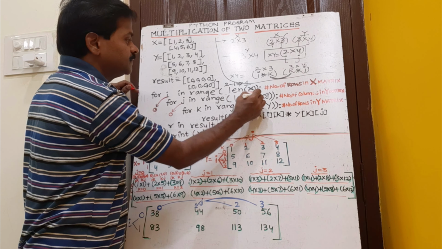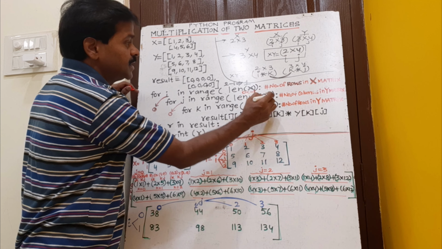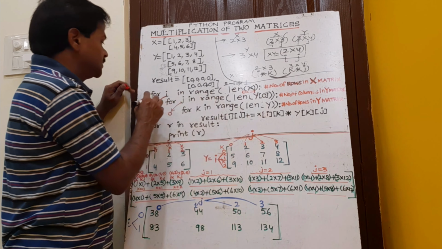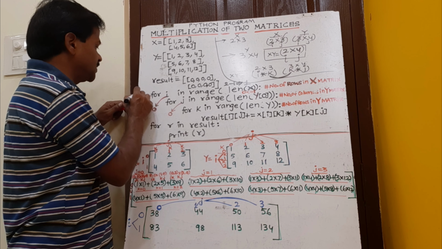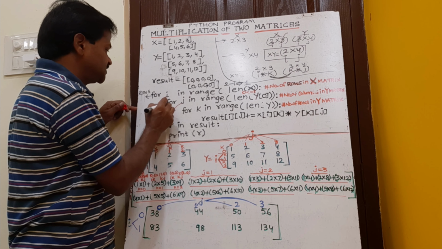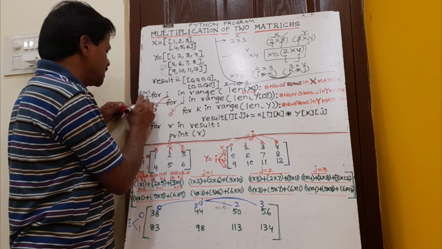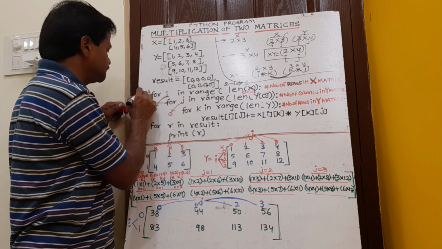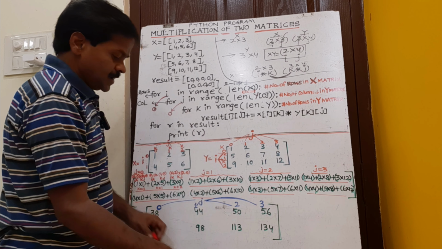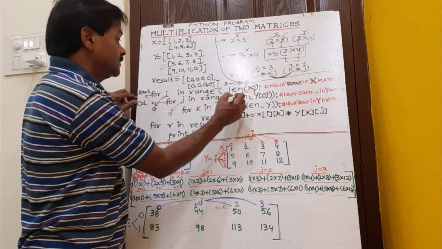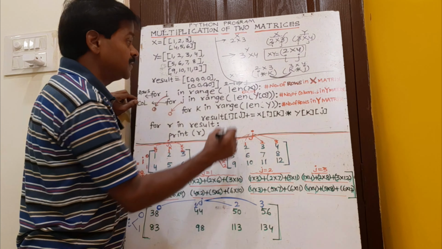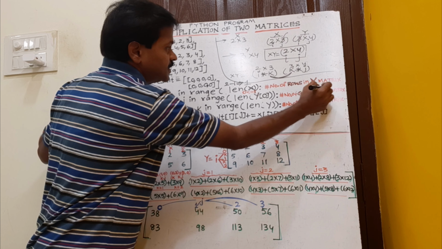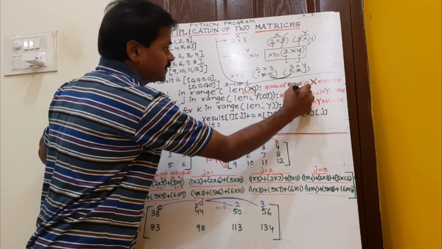Next, length of Y of 0 represents the number of columns. The outer loop is for rows, and this inner loop is for columns.